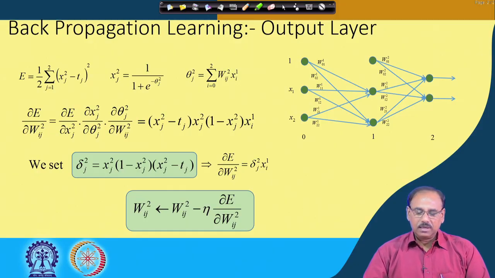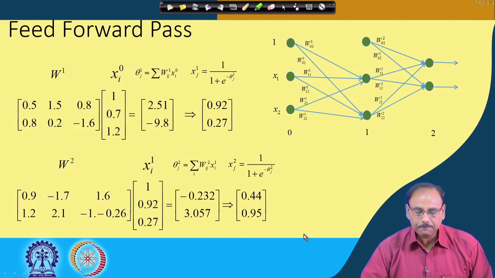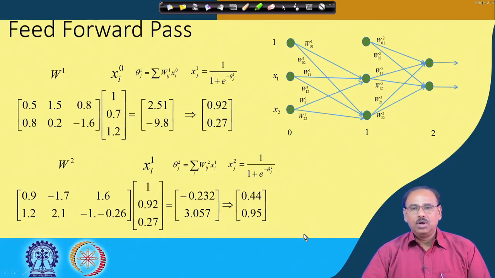For that we had defined these various terms, as shown in this particular diagram. You also remember that in the forward pass, we computed the outputs of every node in the hidden layer and of every node in the output layer. It is from there only that I know what my error is.